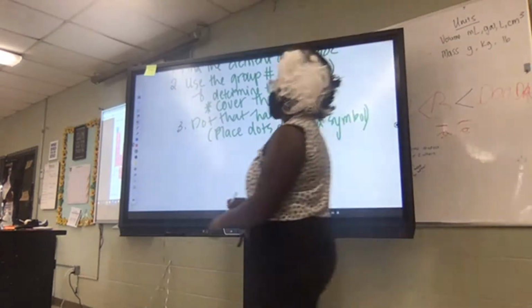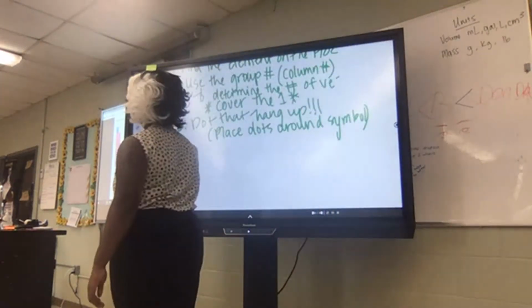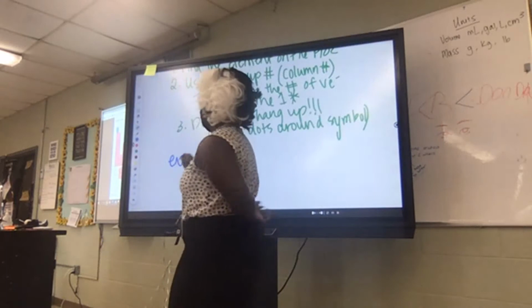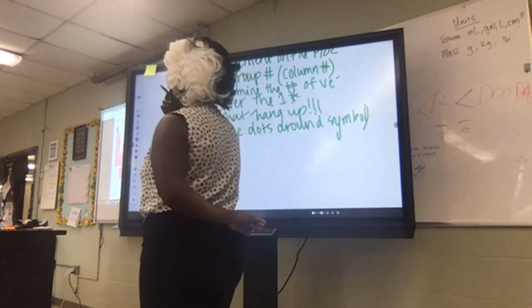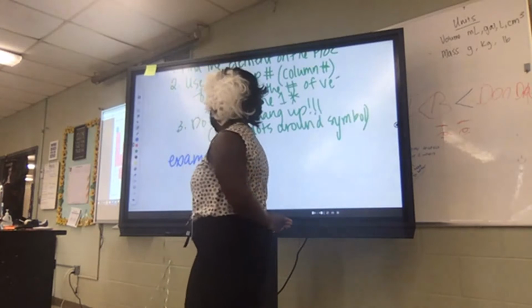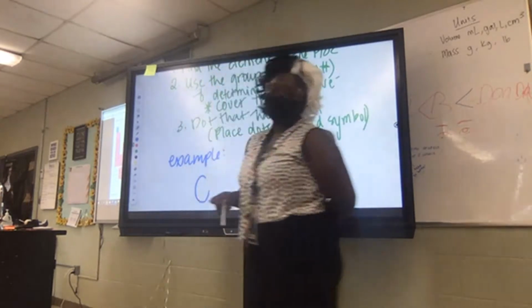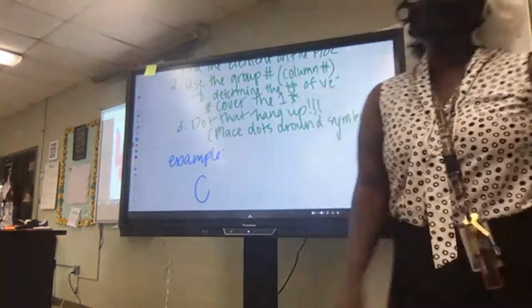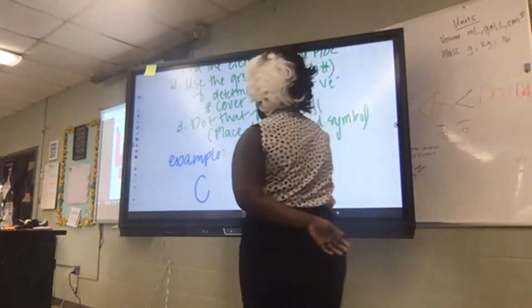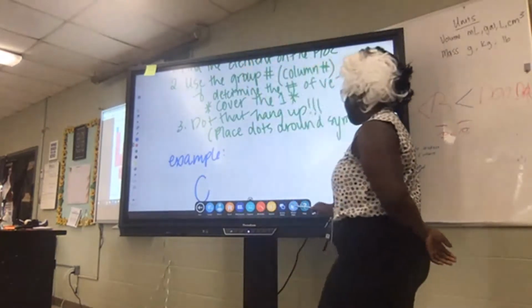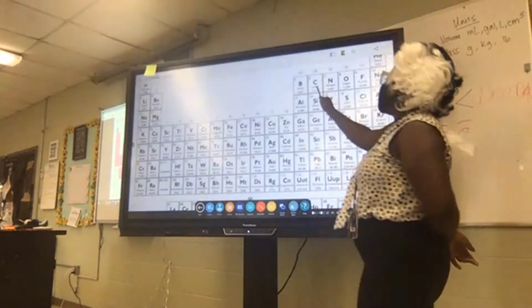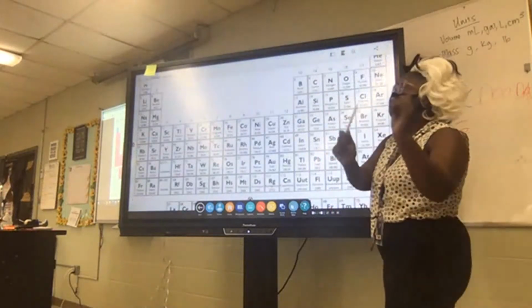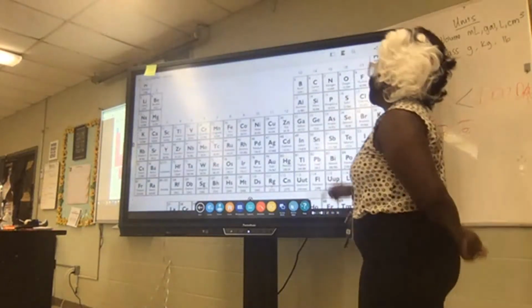For example, make sure you title this example. If I have the element carbon, let's use the periodic table to determine what group it's in. Carbon, it's right here. It's in group what? Group 14.